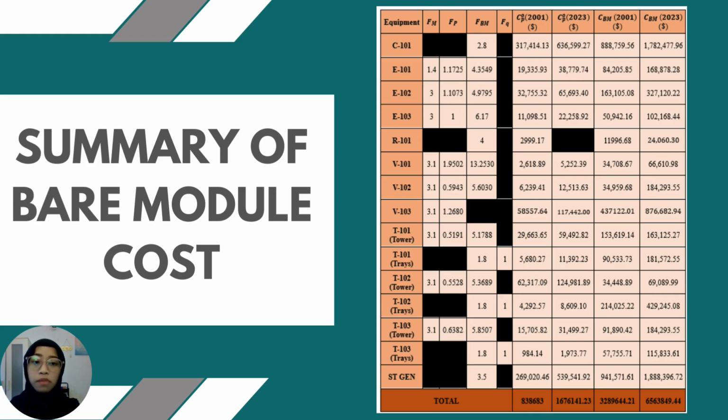Therefore, we must first find the bare module cost for the base year, which is 2001, and then we can calculate the bare module cost for the current year. In summary, our total bare module cost for all equipment in 2023 is 6.5 million.